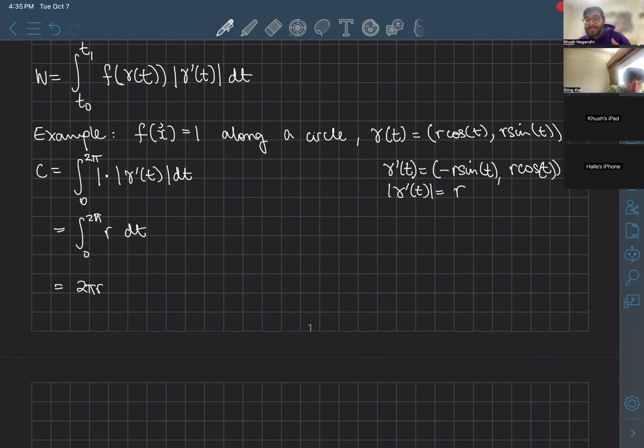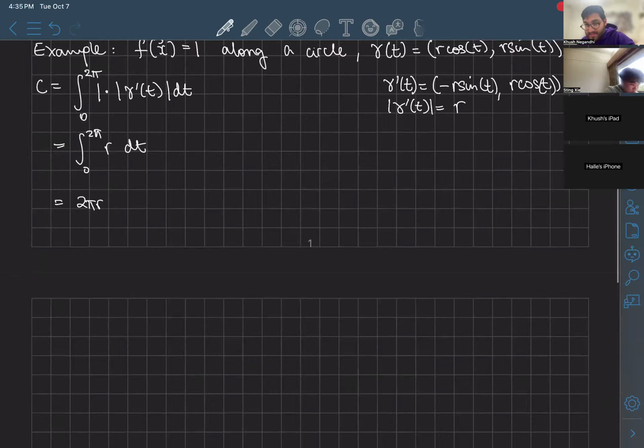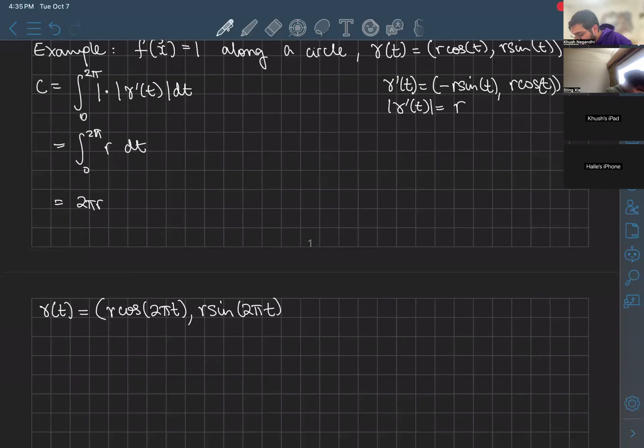So we would hope that this integral gives you something independent of the choice of parameterization. So we can test this out, right? For example, if we chose a new parameterization where it's 2 pi times t and r is again 2 pi t. Now this is still a parameterization of the circle, but now I have to restrict t from 0 to 1 because I just want to go around once.